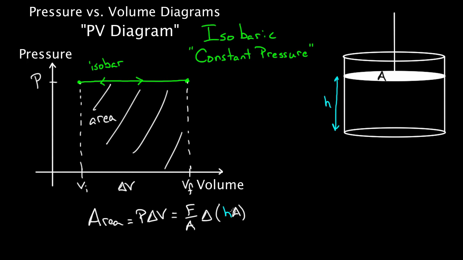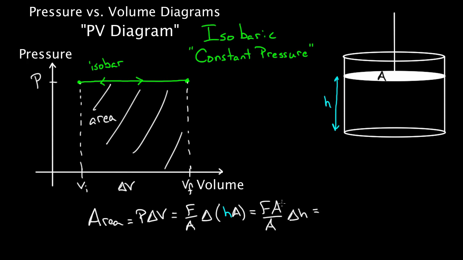Which of these is changing in this process? Well, the area is not changing. If the area of this piston changed, it either let some of the gas out or it would bust through the sides of the cylinder, both of which we're assuming is not happening. So I can pull area out of this delta sign since the area is constant. And what I get is F times A over A times the change in the height.